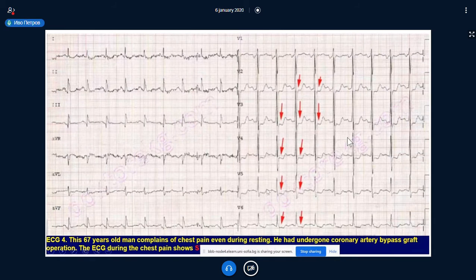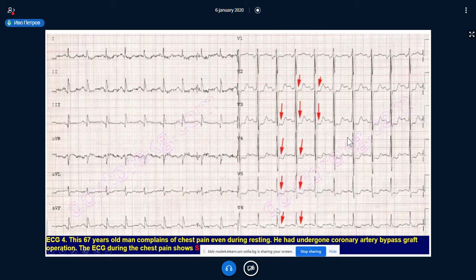Again, this is a very interesting patient of 67 years old, who had complaints of chest pain, even during resting and during very small exercises.